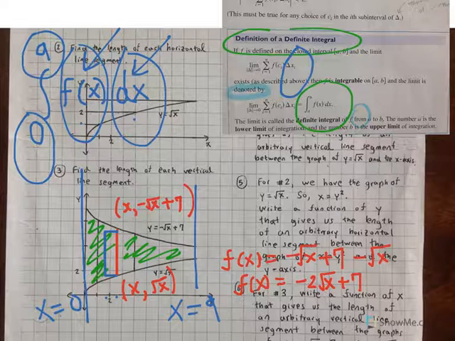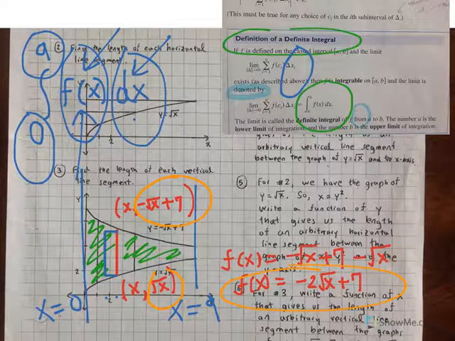And for our particular problem, what is the integrand? It is a function of x that would give us the length or the height of each rectangle. And again, how do we get that? We get that by taking the y-coordinate of the point on top and subtracting the y-coordinate of the point on the bottom. And here is what we have. That's our integrand. So in this particular problem, what is our definite integral that will give us the exact area of this region?